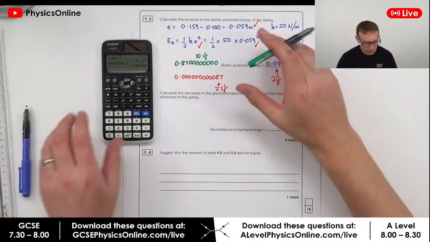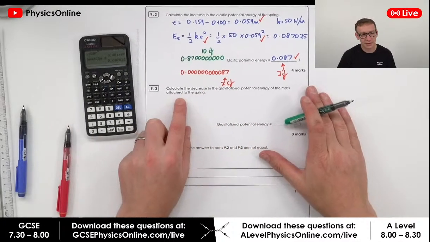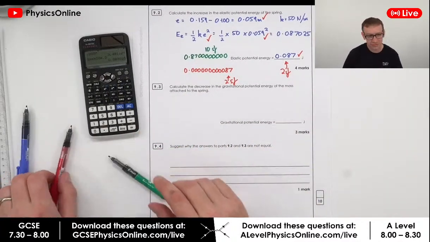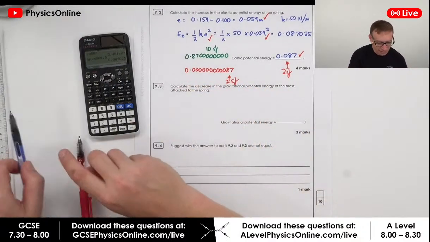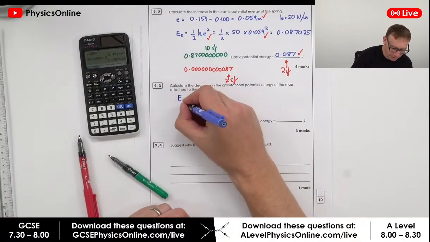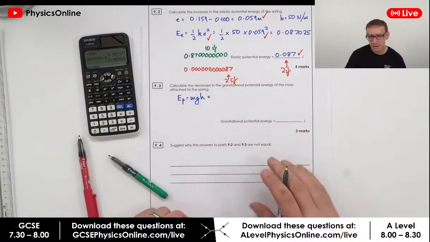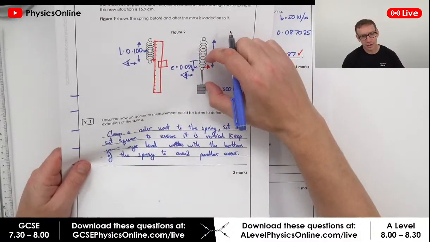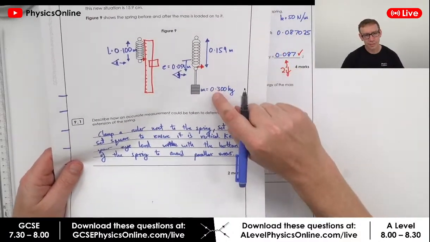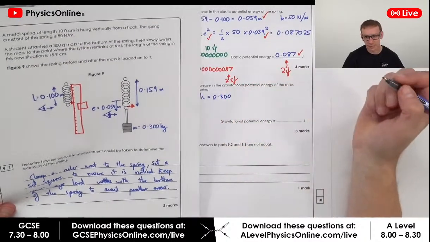Calculate the decrease in the gravitational potential energy of the mass attached to the spring. So for this, I'm just going to go straight to my mind. I'm going to remember that the change in gravitational potential energy is equal to mgh. Do we know the mass? Well, the mass that was initially up high, it's got lower, and that mass was 0.300 kilograms.